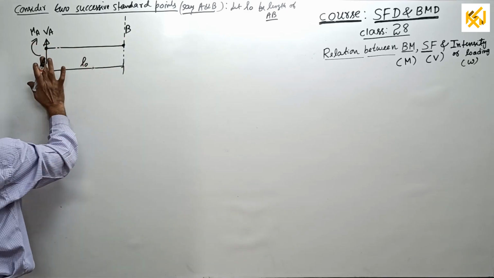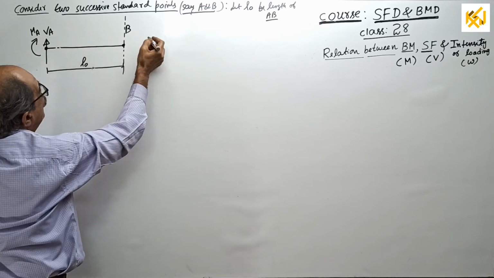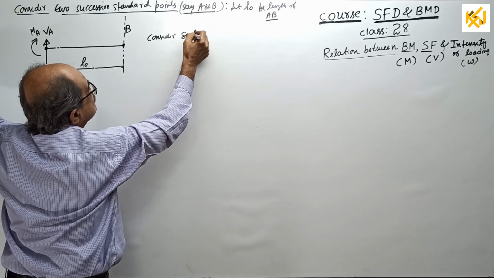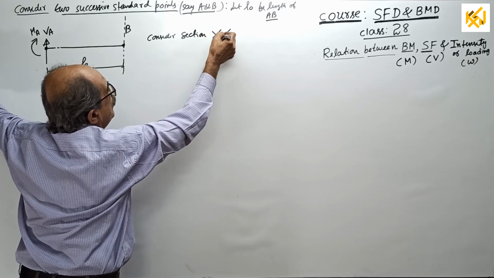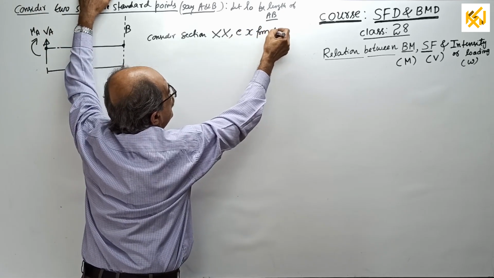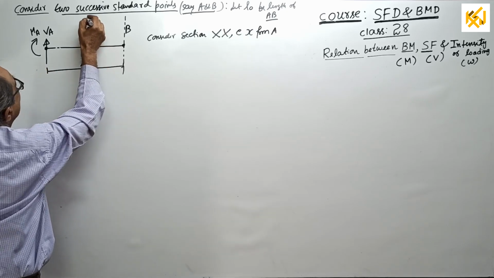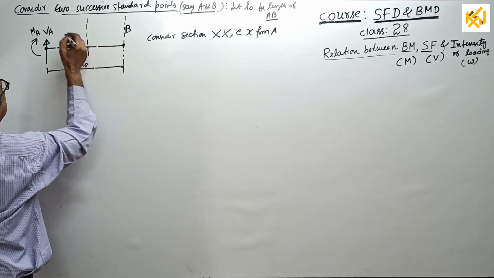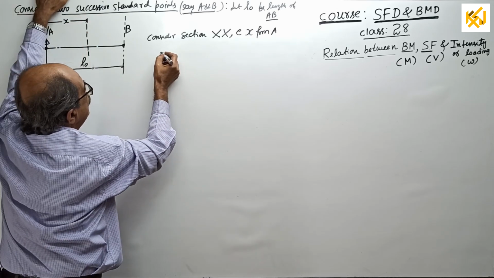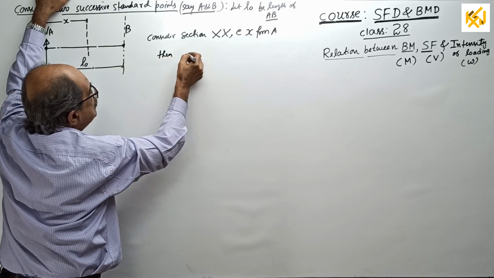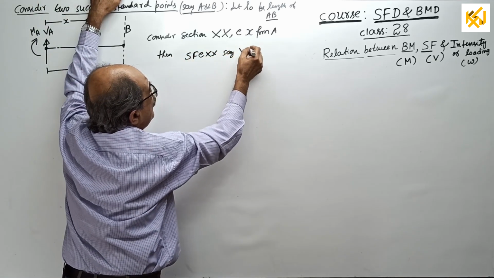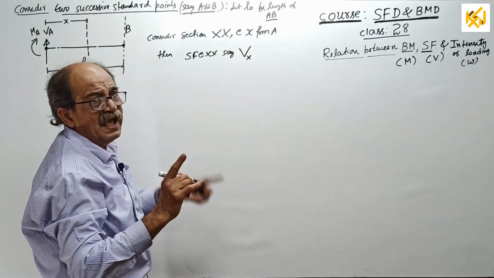Now I will first consider section XX, very important, at X from A. So therefore, I am going to consider a section XX here. X here. Okay.